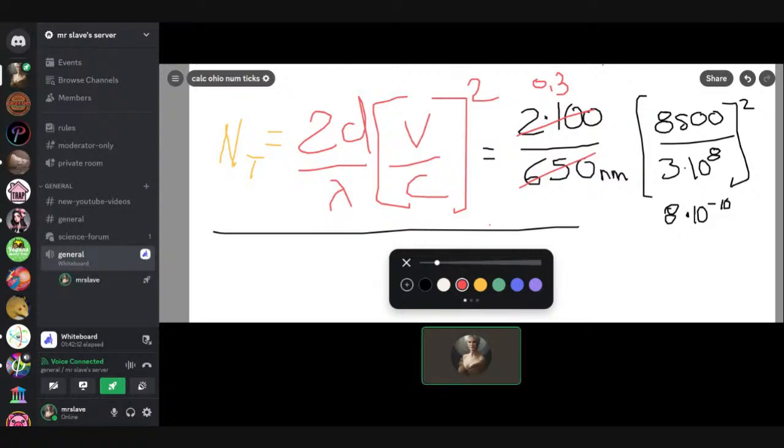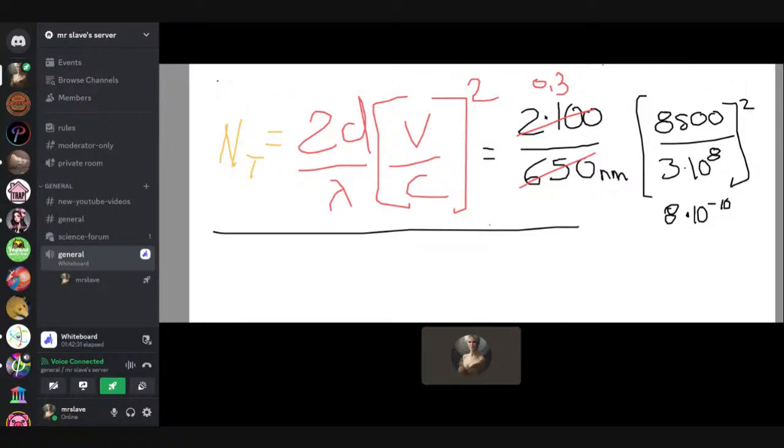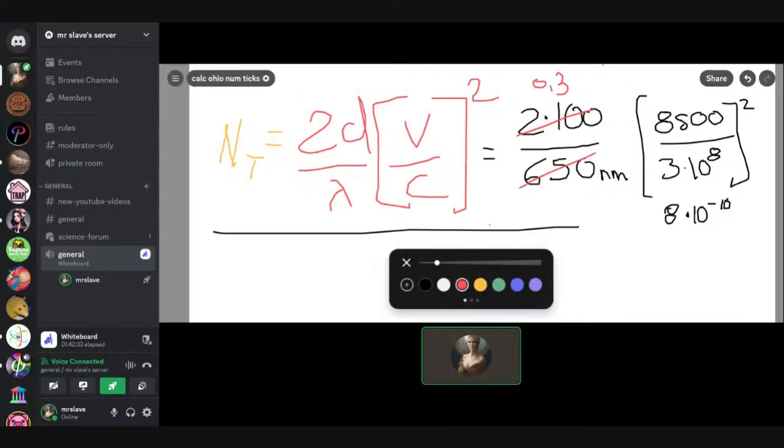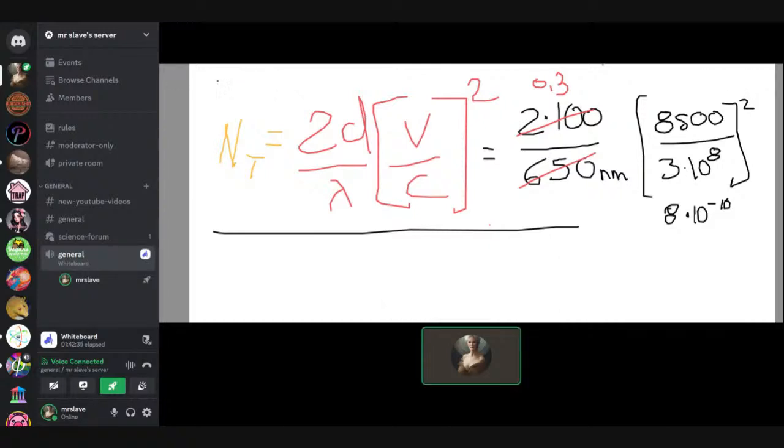So what is a nano? A nano is the next step after micro. So a micron is a million, and nano is 10 to the negative 9. So we need to multiply by 10 to the positive 9.